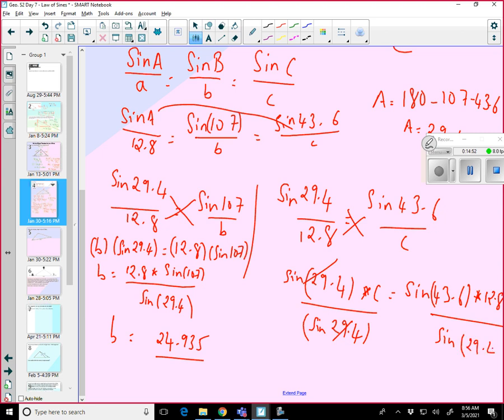Let's once again substitute this in the calculator. Sine of 43.6 times, take care of the brackets very carefully, 12.8 divided by sine of 29.4, which gives us 17.981. The side c is nothing but 17.981. Let's see the next slide.